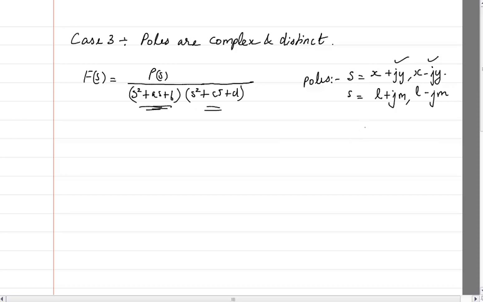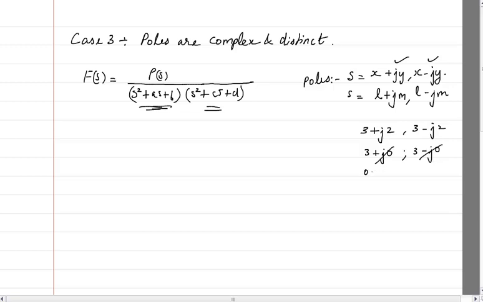Now, see, this can be 3 plus J2 and 3 minus J2, or it can be only 3. That means it is 3 plus J0, and this one will be again 3 minus J0. So you can have, instead of complex, 2 real values also. Or it may be only imaginary values.